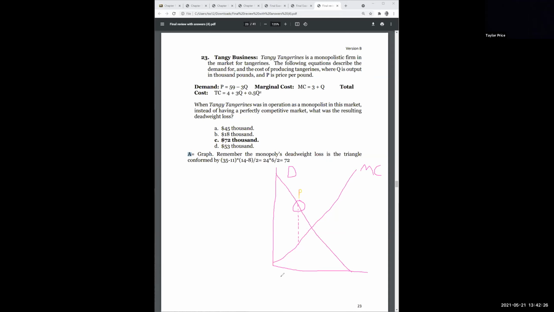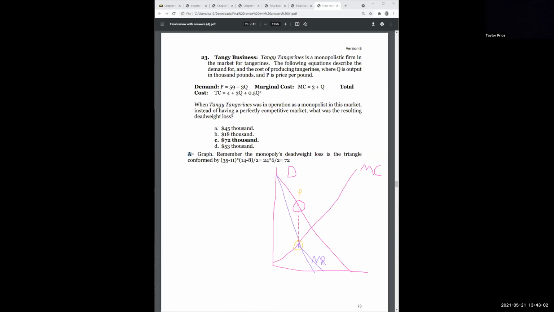Then you also need to find the intersection point here, and let's just pretend that actually intersects. So then you have to figure out the intersection price where marginal revenue and marginal costs are. So that's the second point you need.